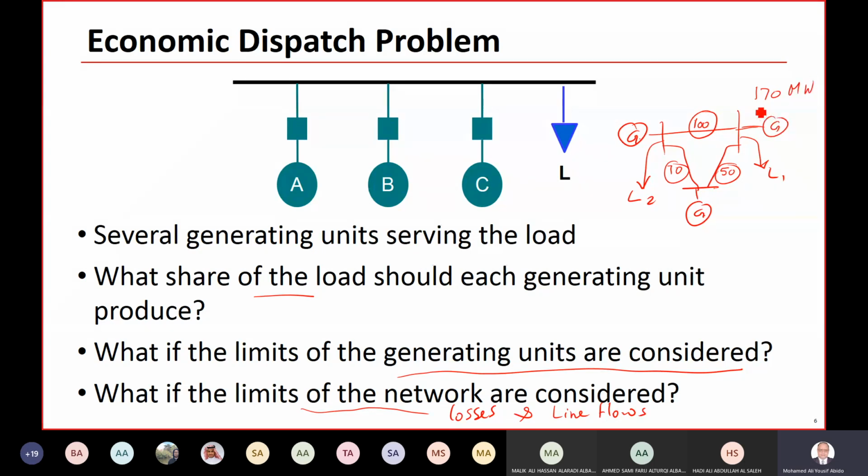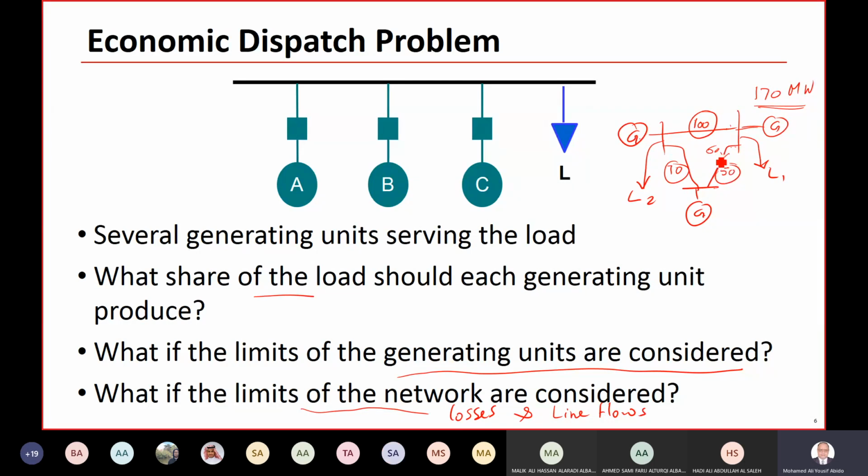So this 170 megawatt, of course, we have here a load. The load could take some of the generated power, and you distribute the remaining power among these two lines. So this line, you find the line flow is 60 megawatt. Overload. So the line here is overloaded.